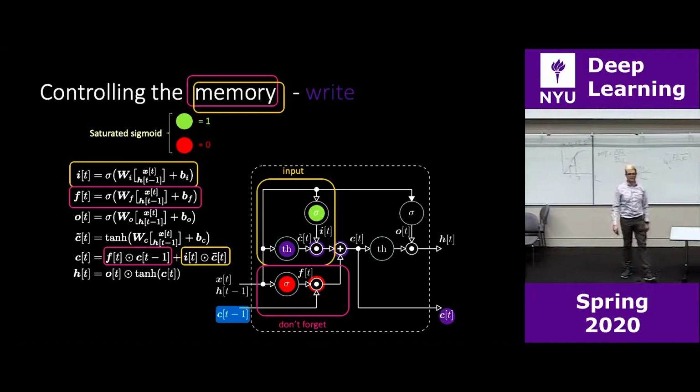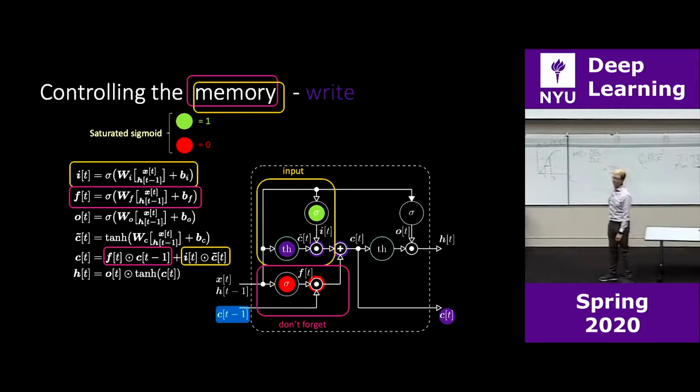And in the saturated sigmoid, does this mean that we treat the sigmoid operation like a binary? I assume in this case, to show you how the logic works, we are having a value inside the sigmoid as being below -5 or above +5, such that we are working as a 0-1 switch. Okay.